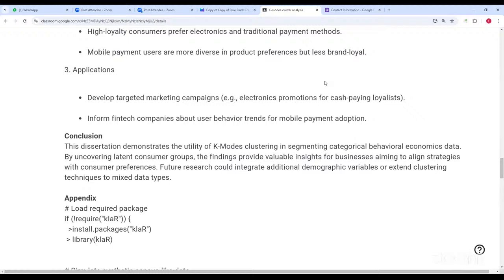Do you understand what behavioral economics is? Yes, sir, a little bit of an idea. You spread this knowledge. So the basic assumption is that human behavior is not rational.